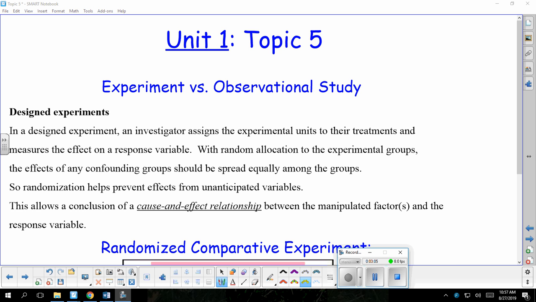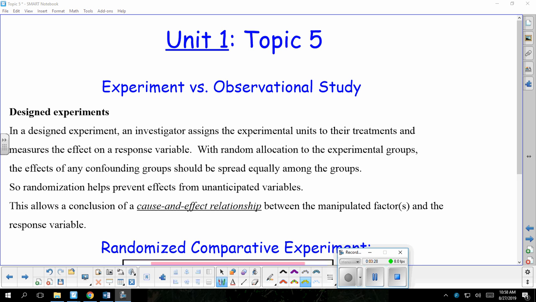Say we had 6 males in one group and then only 2 in the other. Are those groups as alike as possible? No. We can control for that by first separating the men and the women, and then randomly assigning an equal number of men and an equal number of women to each group, so that variable is balanced out.